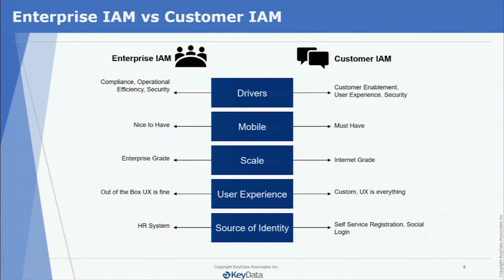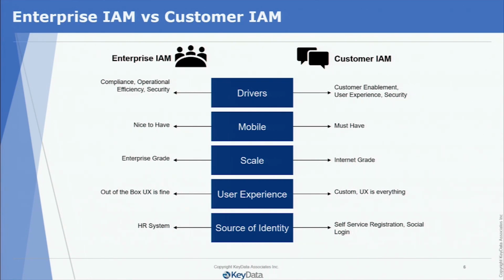In the consumer IAM space, it's all about enabling your customers and improving that end user experience, keeping that data secure, and being able to improve the service offering and cross-sell services more easily to that end user. Make it easy for them to do business with you while at the same time remaining fully compliant with things like privacy and GDPR.